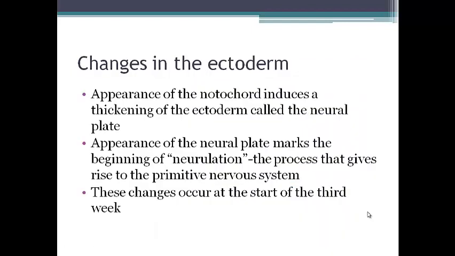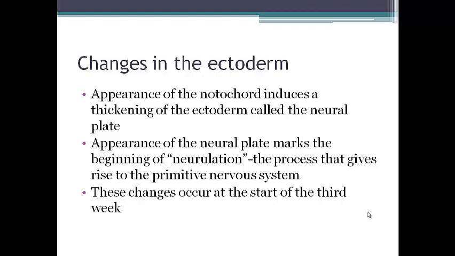Okay, so let's look at the ectoderm first. If you remember, last time we spoke about how a mass of cells organized themselves centrally within the mesoderm and formed something called the notochord. Once the notochord appears, this induces a thickening of the ectoderm. A certain part of the ectoderm begins to thicken, and we call that thickening the neural plate.